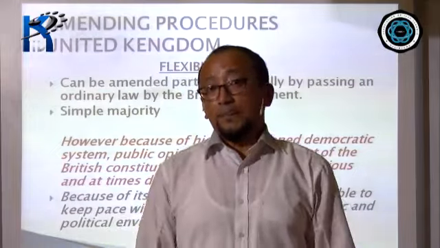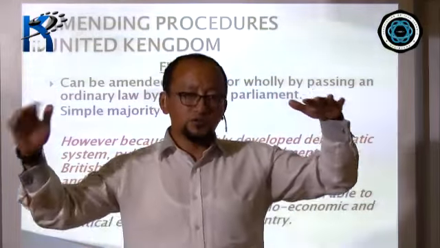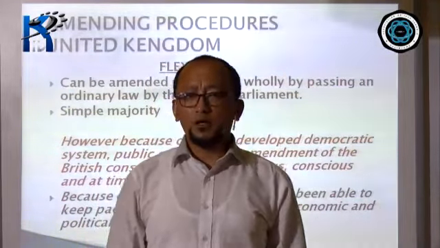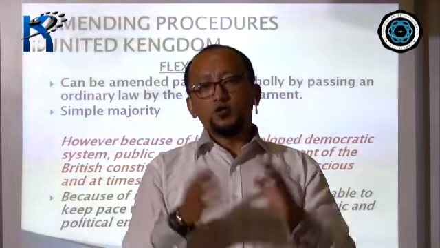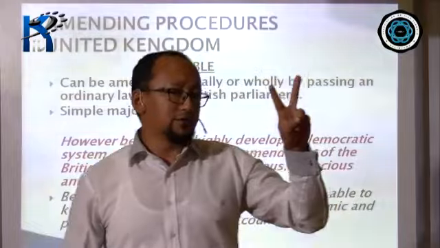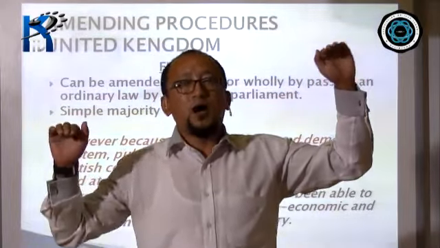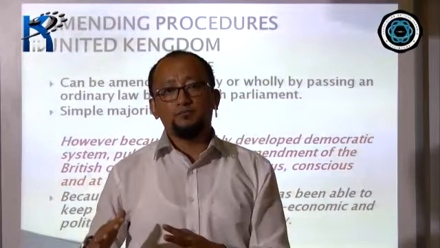They take ordinary law and constitutional law on the same footing, which I've already talked about. Now, when we look into UK Parliament, it's a bicameral parliament. The upper house is the House of Lords, and the lower house is the House of Commons. House of Commons is more like our Lok Sabha.